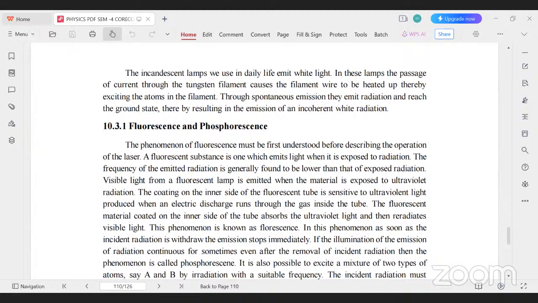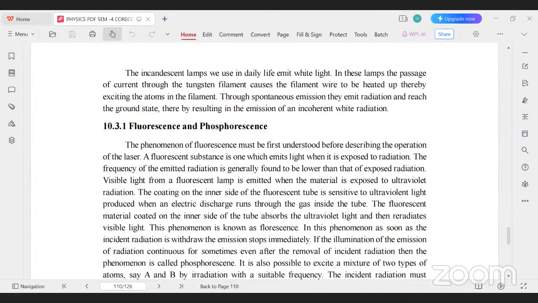The fluorescent material coated on the inner side of the tube absorbs the ultraviolet light and then re-radiates visible light. So what is re-radiation? Why am I reading line by line? Because every line is very important to understand how this output is obtained, how this re-radiation takes place. As I told you, for example, I want to draw.